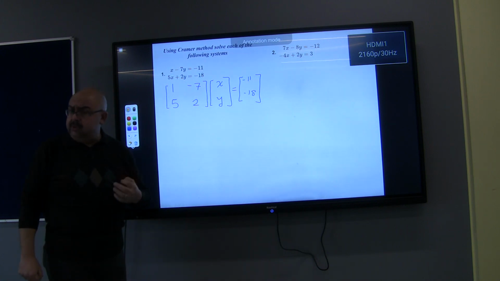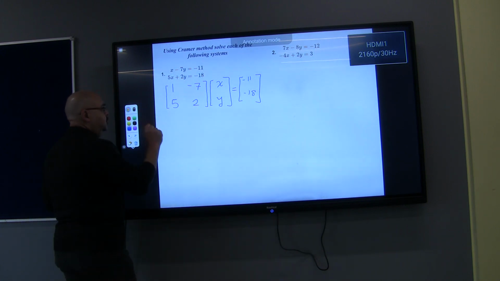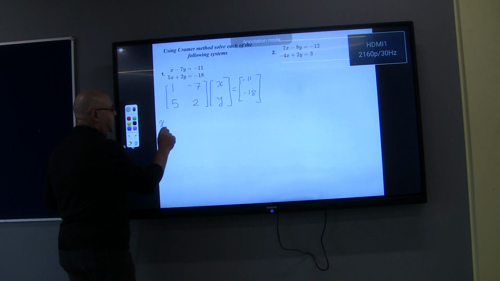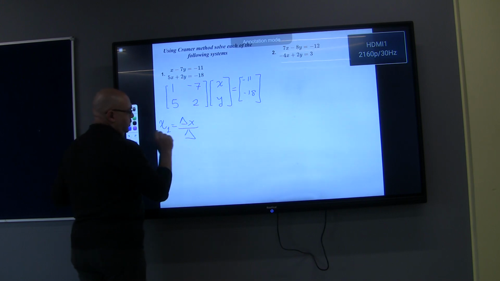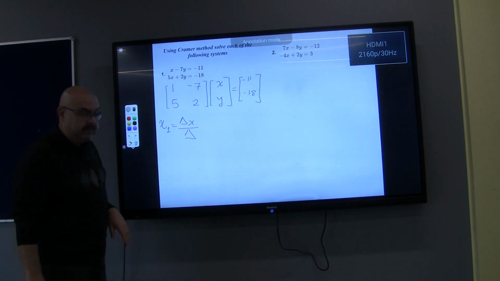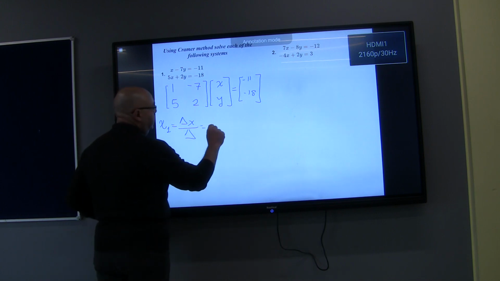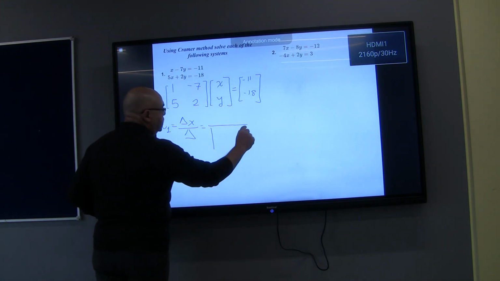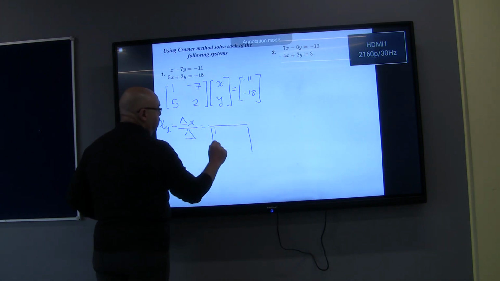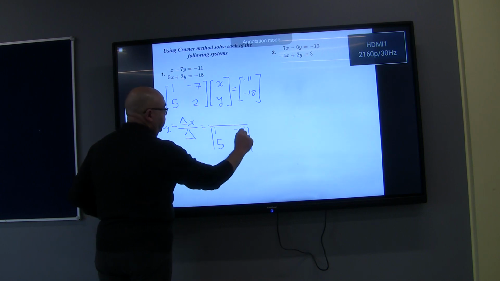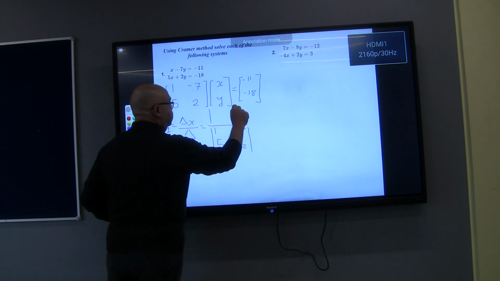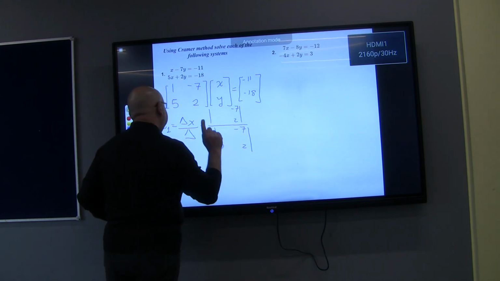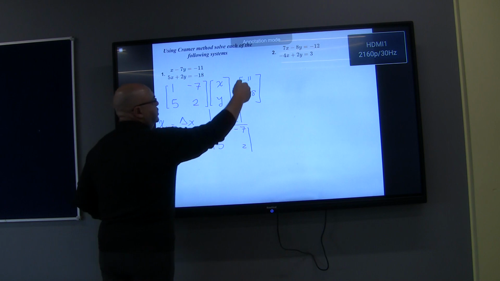In order to solve using Cramer's method, all we have to do is read the values like this. x will equal delta x, the determinant of the x unknown matrix, divided by delta, the determinant of the coefficient matrix, and it should be written in this way. I would like to see it in that way, please.